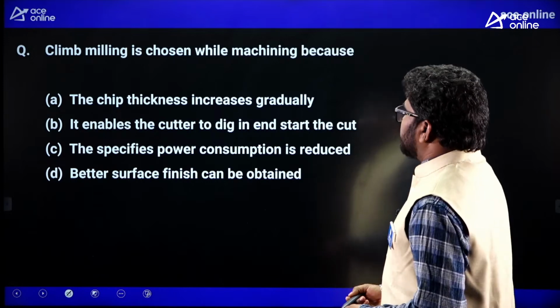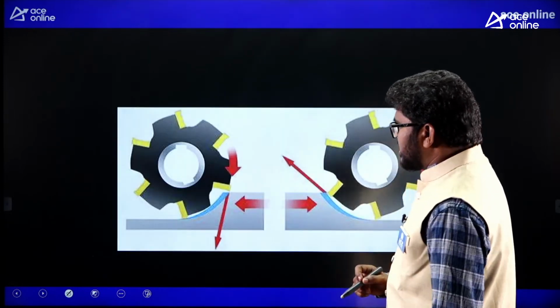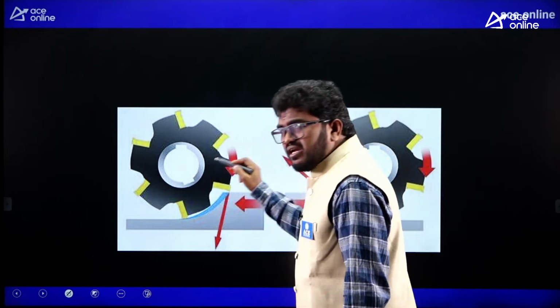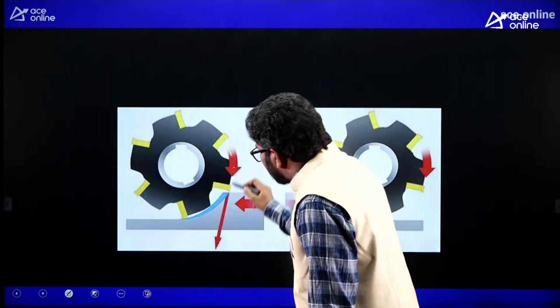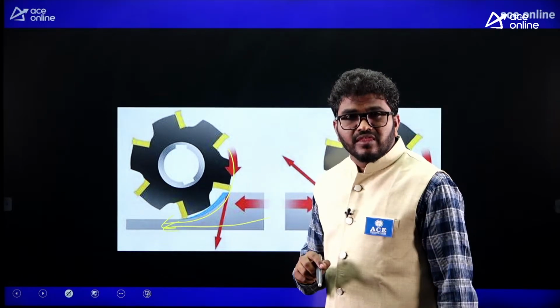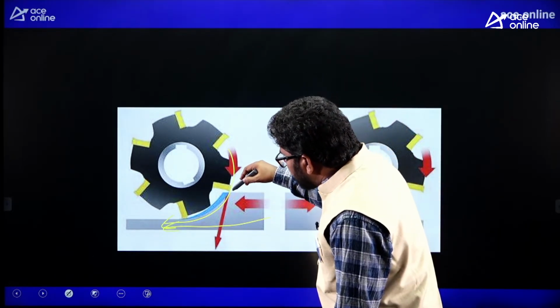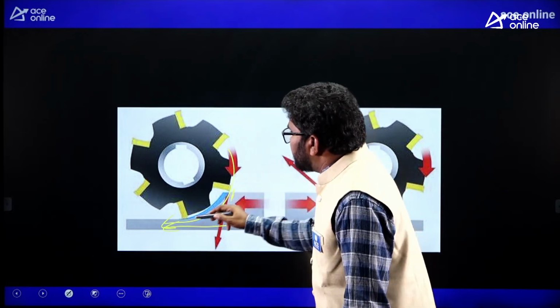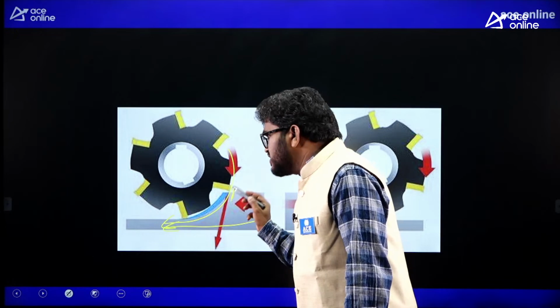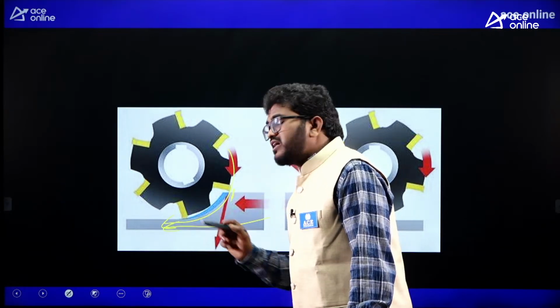It's down milling. What do you mean by climb milling? Here you'll get to know. Listen carefully. In case of climb milling, the cutter is moving in this direction, and the feed is also moving in this direction. So initially the cutter will cut at maximum feed, and finally at very little feed. Depth of cut is more at the start, and less at the end.